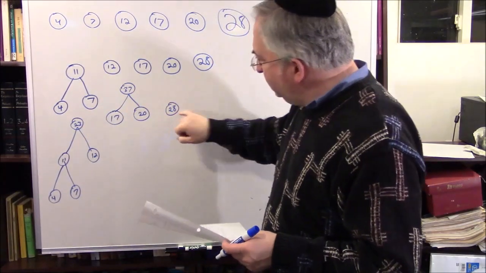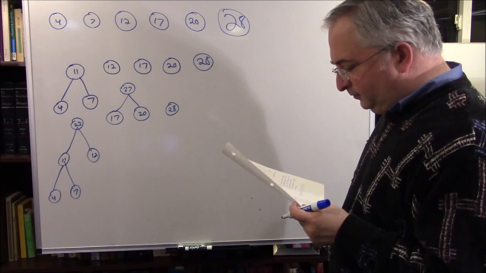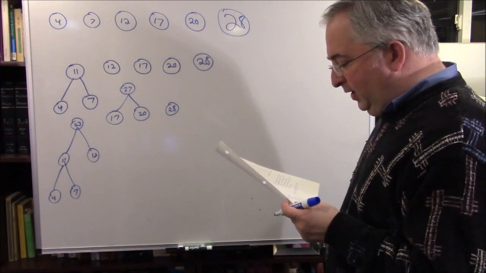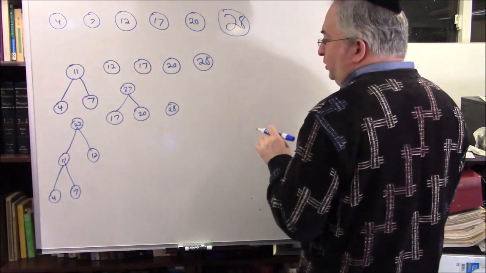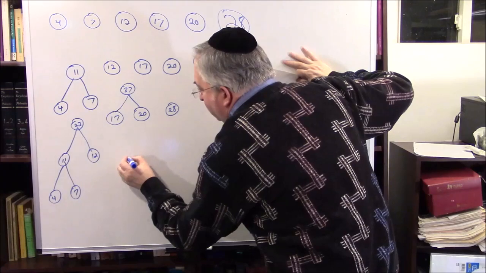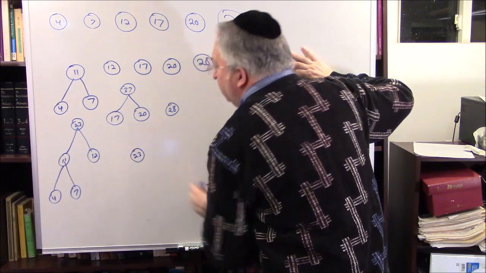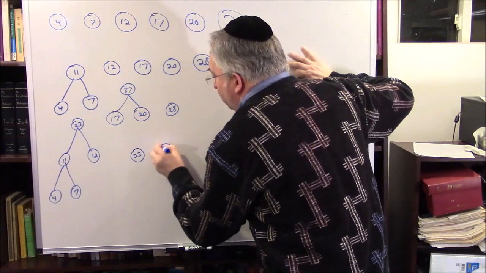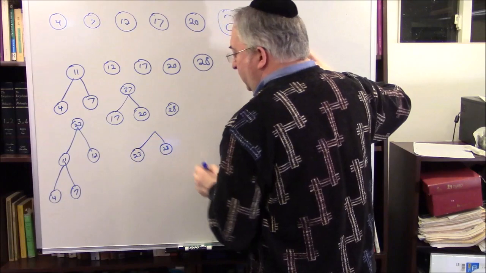This, this, and this. What are the 2 smallest ones? The 2 smallest ones are 23 and 28. So let's redo this. What's 23 plus 28?